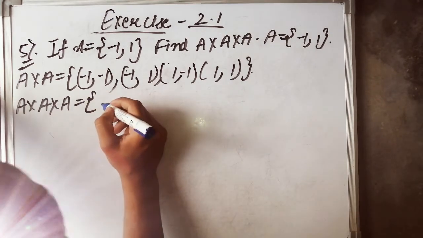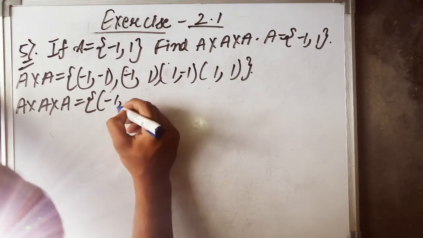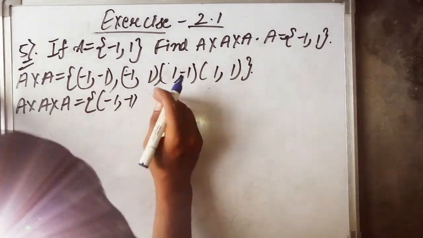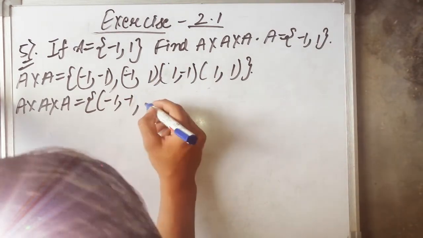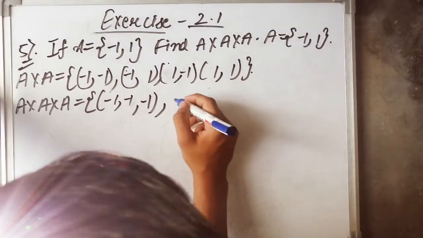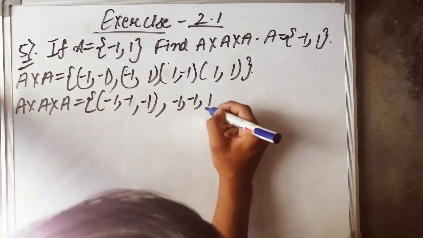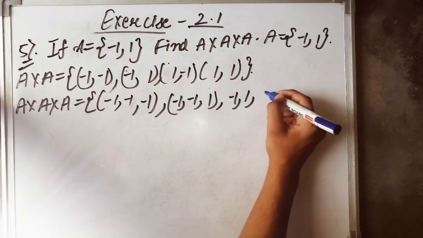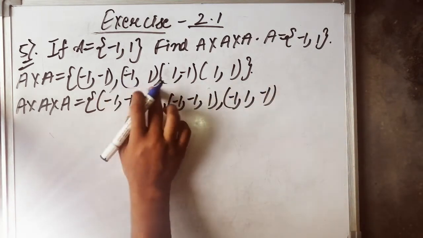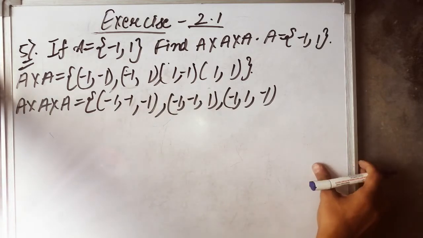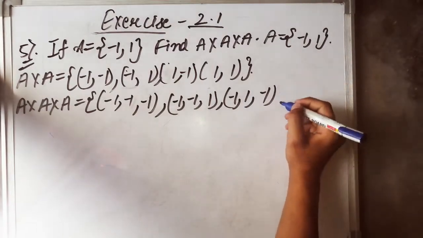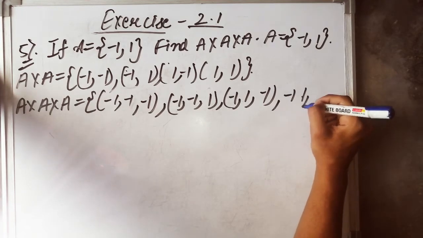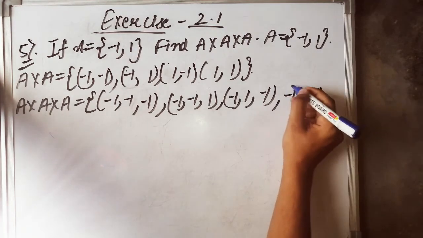Now we need to find out A cross A cross A. Let's do so: (-1, -1, -1), after that (-1, -1, 1), (-1, 1, -1), then (-1, 1, 1).